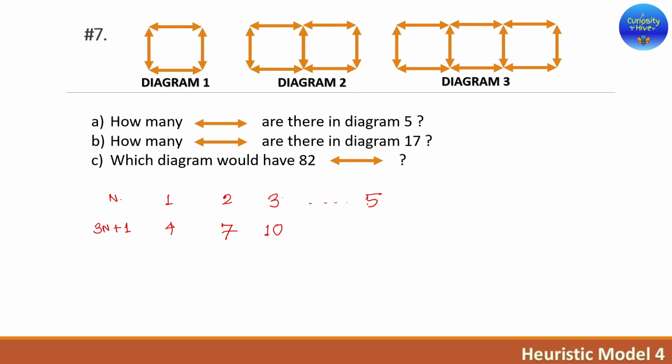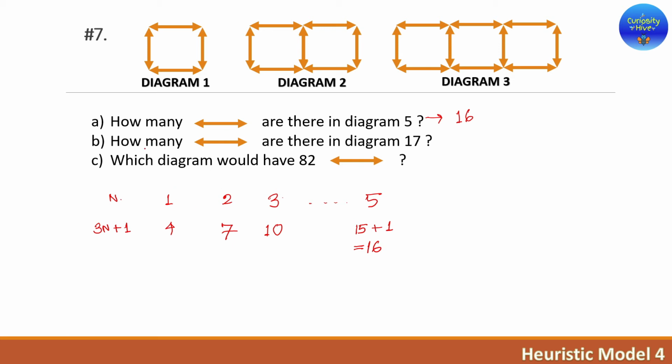Well, for diagram 5, if n is 5, 3n plus 1 would be 3 times 5, that is 15, plus 1, which is equal to 16. You can try this out and you will find that diagram 5 has 16 double arrowed lines. So this is one way of identifying a pattern and then coming to an answer. So you should do more practice so that you can get the pattern quickly by looking at the numbers.